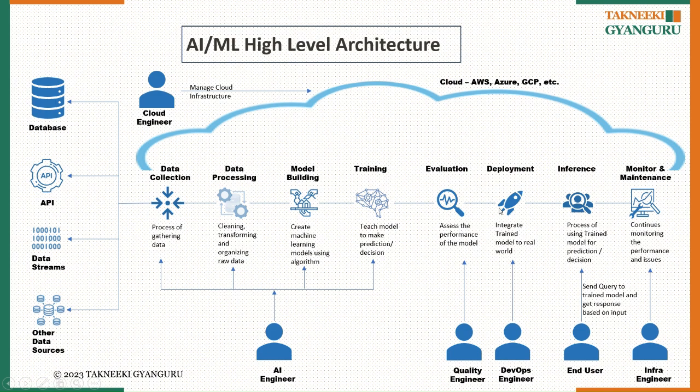Then it will move to deployment, where the DevOps engineer will deploy the models from the development environment, where the engineers work and develop the model, to the place where the end user can access it. So the DevOps engineer is responsible for deployment, right?